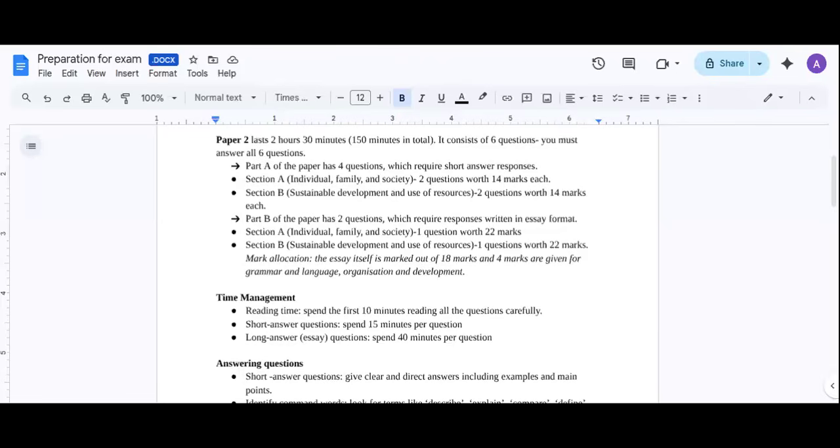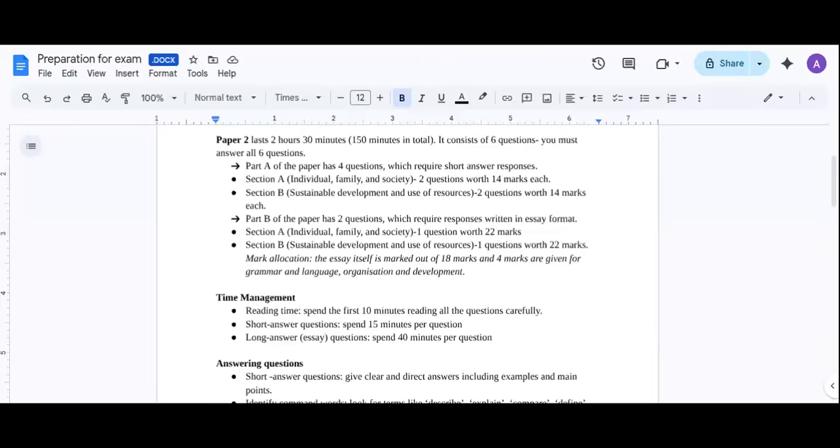I will explain how that 22 marks is given. And Section B, which is sustainable development and use of resources, ranges from human resources, population, straight until regional integration and tourism development. That is 1 question with 22 marks as well.